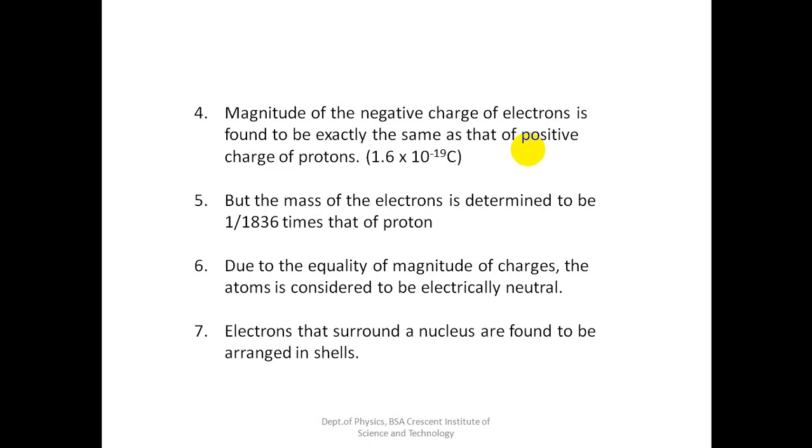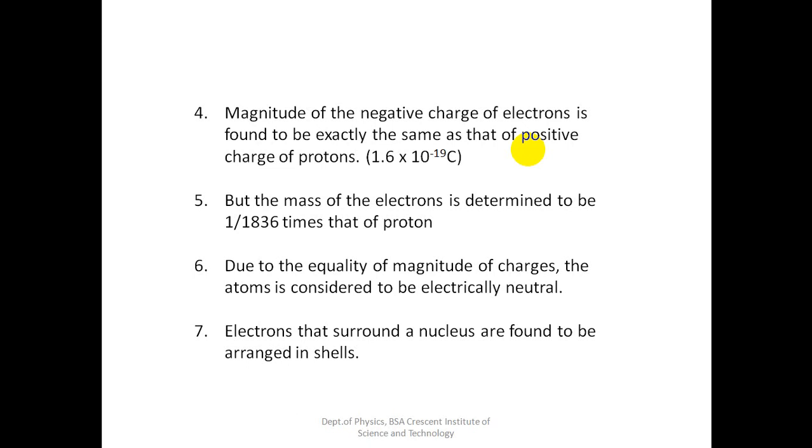It is said that the mass of the electron is 1 by 1836 times that of the proton, which means the proton is 1836 times heavier than an electron. If the electron is 9.1 × 10^-31 kg, the proton is not equal to that. It's something else. We'll see what it is in the later slides.